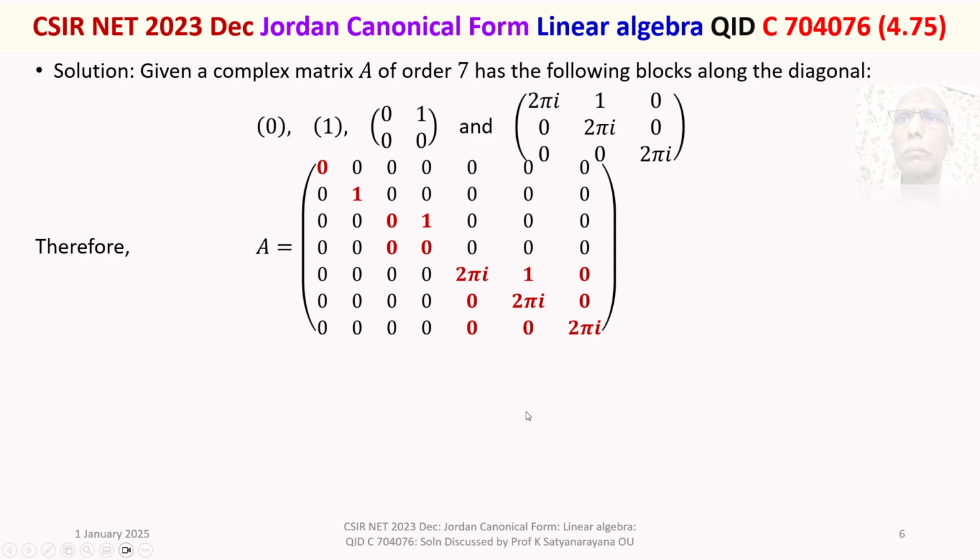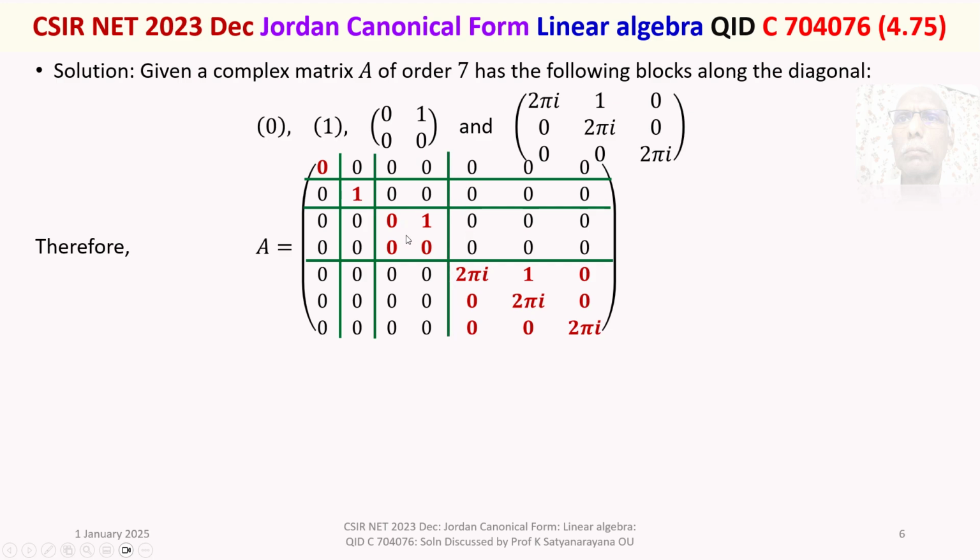The blocks are shown now: the block size 1, the block size 1 again consisting of 1, block size 2 consisting of the 2 by 2 matrix 0, 1, 0, 0, and at the end the block size 3 consisting of the 3 by 3 matrix. I am sure it is clear to you.